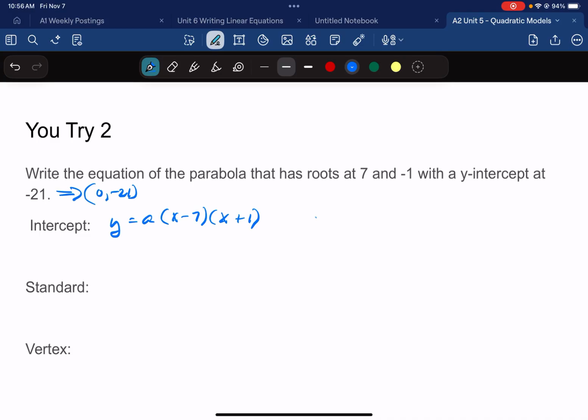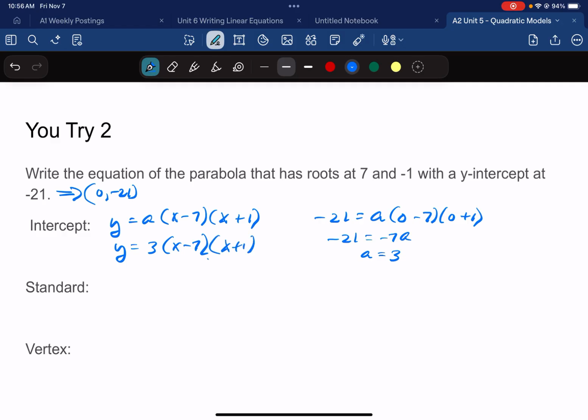So I'm going to plug in negative 21 for y, and then 0 in for x. So that just becomes negative 21 equals negative 7a, and then a is 3. So intercept form is y equals 3(x minus 7)(x plus 1). All right, there's one form.